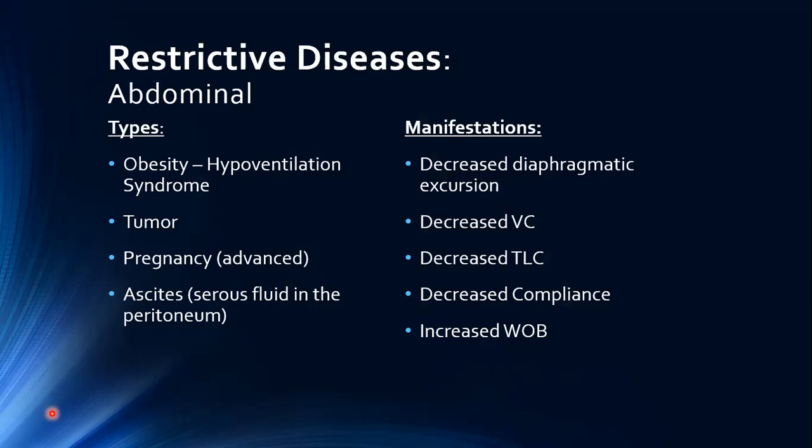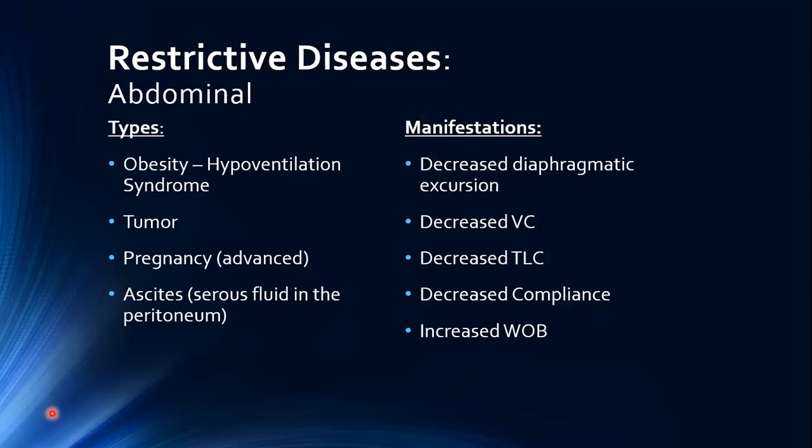All right. Pregnancy: somebody who is advanced, like 9 months pregnant, 8 months pregnant, with twins or just a single baby, you can have a lot of weight in your stomach and abdomen area that is restricting your lungs. Also, the last one is ascites. Ascites is serous fluid in the peritoneum.